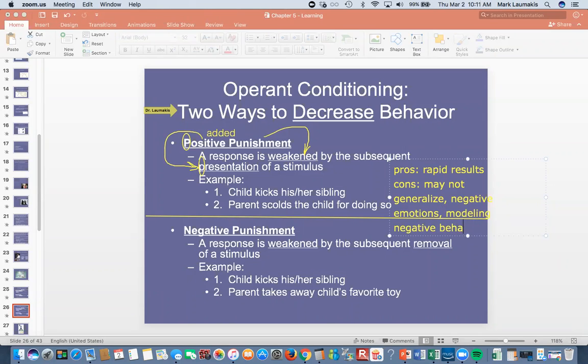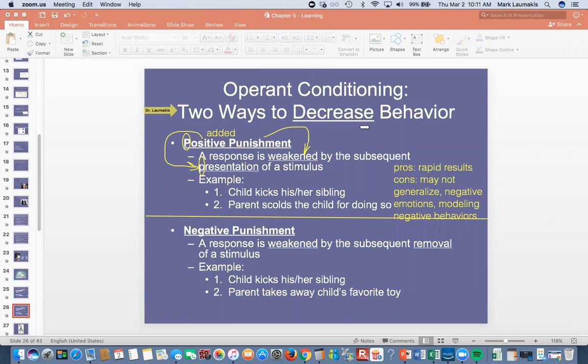What do I mean by that? Well, if the only way that you can get your child to stop doing something is to smack them upside the head, what do you think is going to happen when they're at the playground and they want somebody else to stop doing something? What are they going to do? Yeah, they're going to yell at them and smack them upside the head.